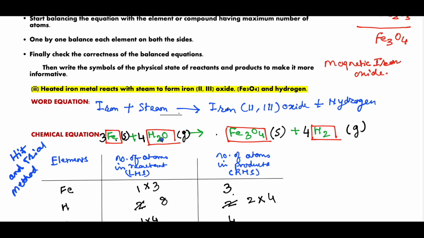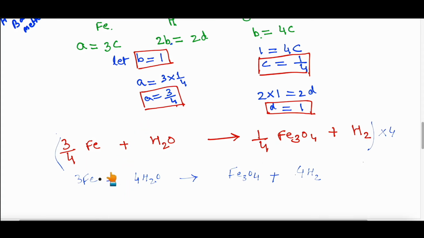Now, to make the equation more informative, you will write that iron is solid, water in the form of steam is gaseous, then Fe3O4 is solid and 4H2 is gaseous, and this is a balanced chemical equation. Children, we will practice some more balancing of chemical equations to make it more clear.